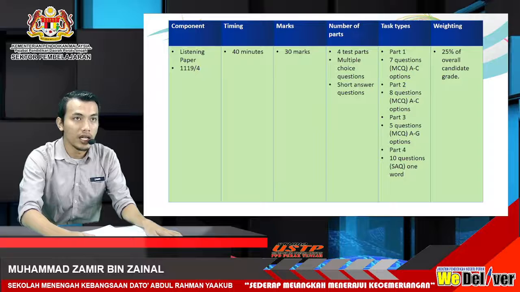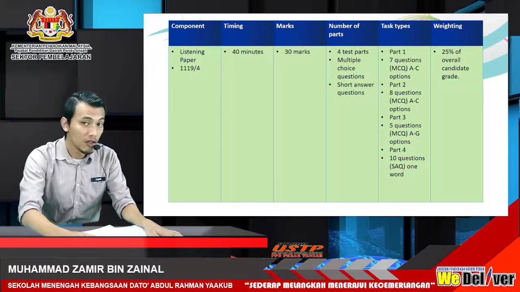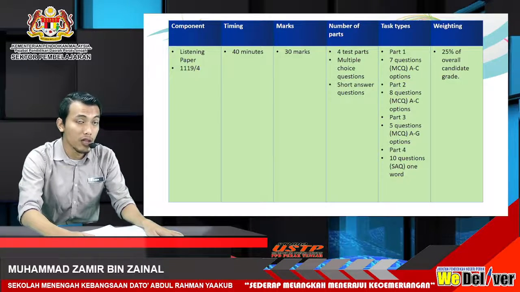So the weighting of this paper is 25% of the overall candidate grade. The other 75% would be taken from the other 3 components of your test papers, which are reading, speaking, and writing.